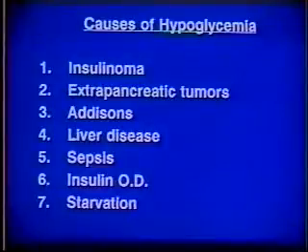Addison's disease can have hypoglycemic patients in approximately 20% of all Addison's disease. Liver disease can cause hypoglycemia in the end-stage liver when the storehouse of metabolic machinery breaks down, so to speak, and the patient can no longer undergo glycogenolysis and gluconeogenic capabilities.